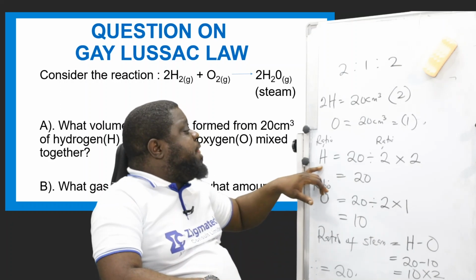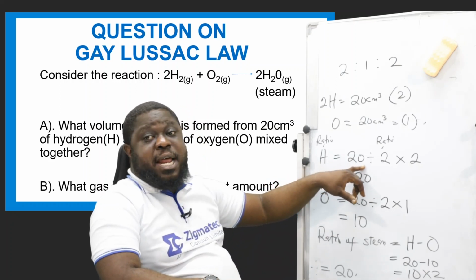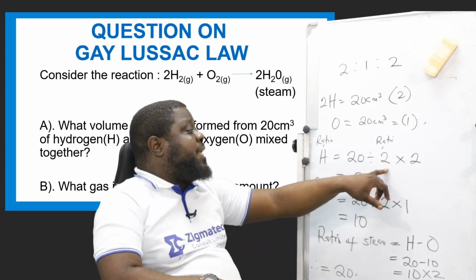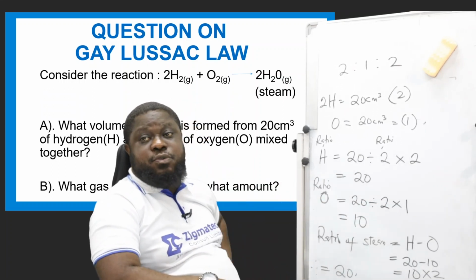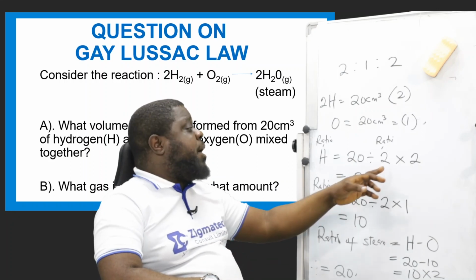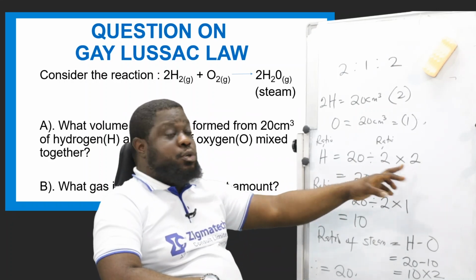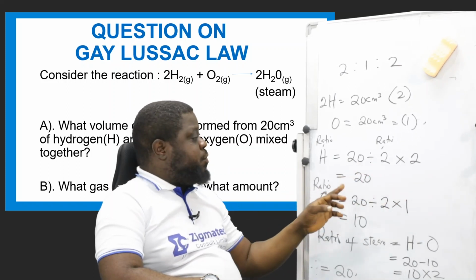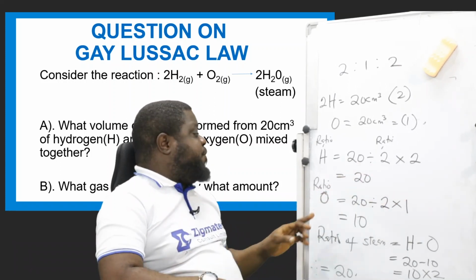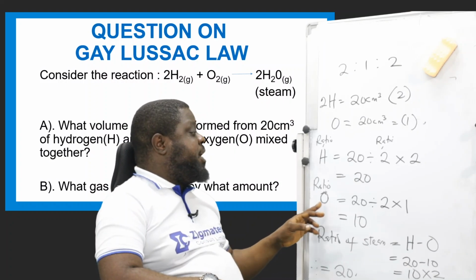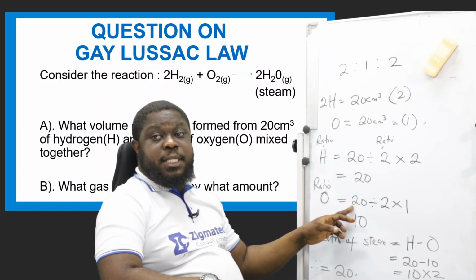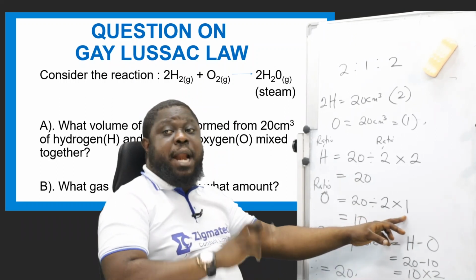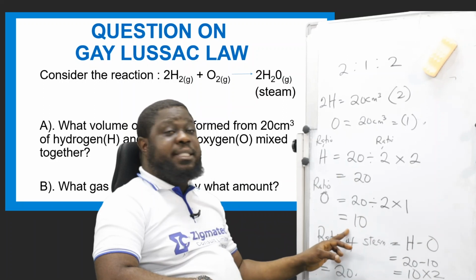So the hydrogen has 20 as a volume, divided by the subscript, the number of atoms, times the number of molecules. The number of atoms there is 2, and the number of molecules is 2. So it will be 20 divided by 2 times 2, which is 20. That's the ratio now. For oxygen, the volume is 20. The number of atoms there is 2, that's the small 2, and the molecule there is 1, oxygen 1, which gives 10.